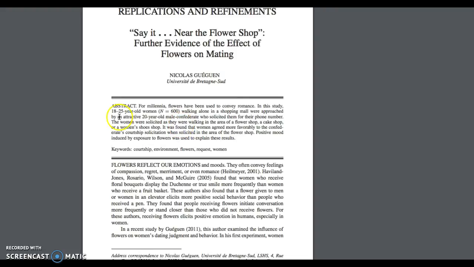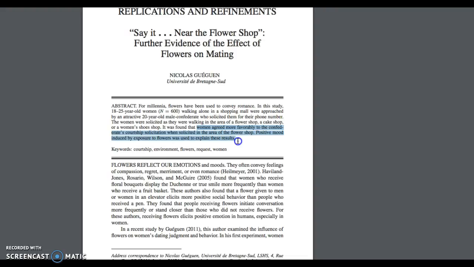The cool thing about a scholarly article is that the summary is right here. So you can read that abstract, and this also is the first thing that will show up on EBSCO, and it will tell you what this study discovered, and you can decide whether or not that's going to be useful to your paper. So this study discovered that women agreed more favorably to a Confederate, that just means someone pretending to ask her out.